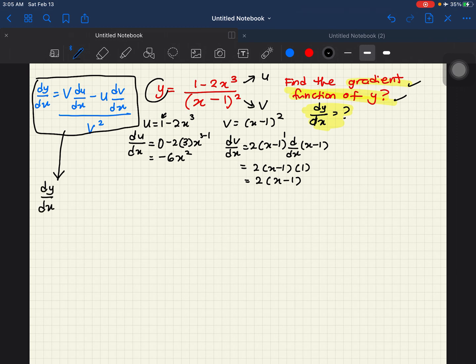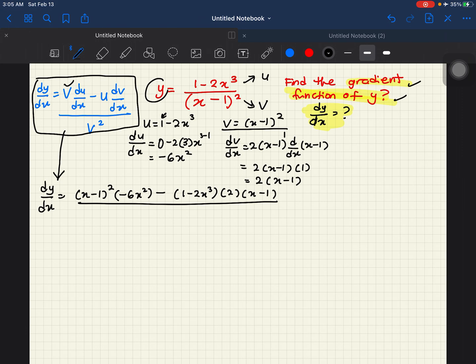So, dy over dx is equals to, starting with v. So, your v is x minus 1 power of 2 multiplied with du over dx, which is negative 6x square, minus u, which is 1 minus 2x power of 3, times with dv dx. Now, dv dx is 2x minus 1 over v square.